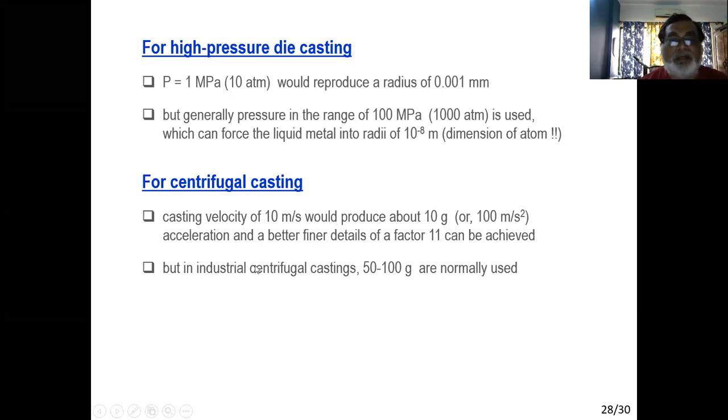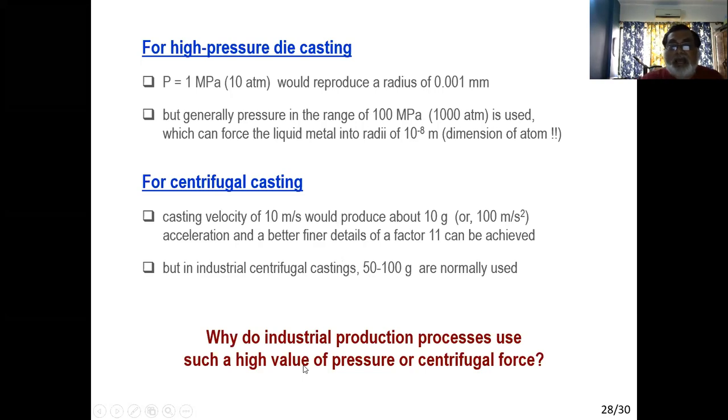But in industry, we use 50 to 100 G, very high, where 10 G is enough to produce a surface finish of factor 11. So why do industrial production processes use such a high value of pressure or centrifugal force? Commonly, this is a question that usually appears in your exam.